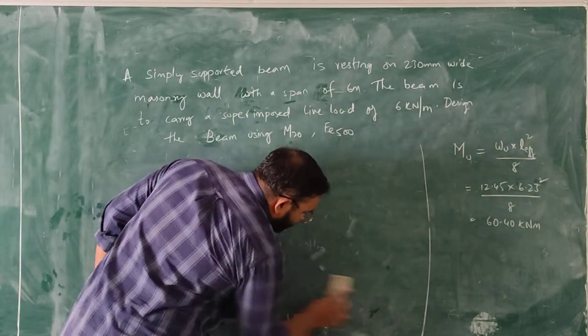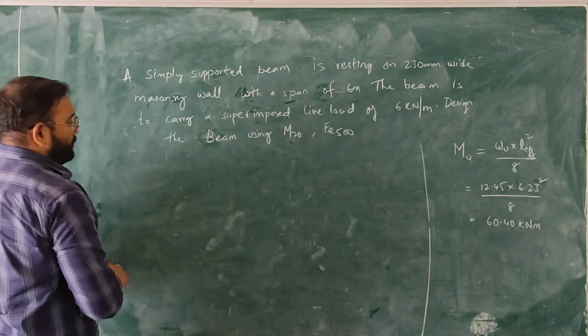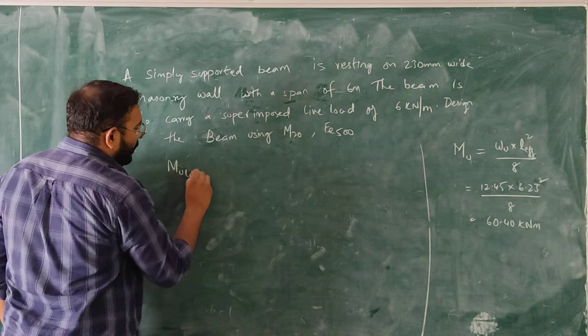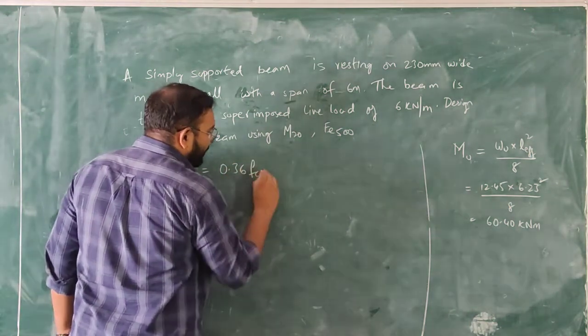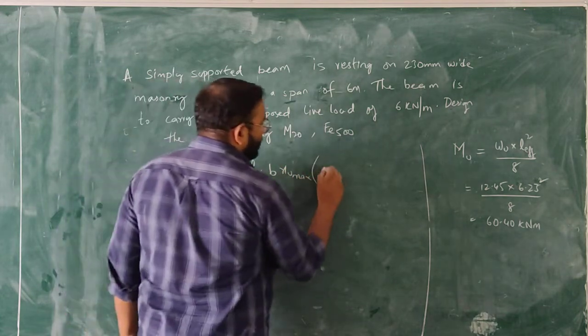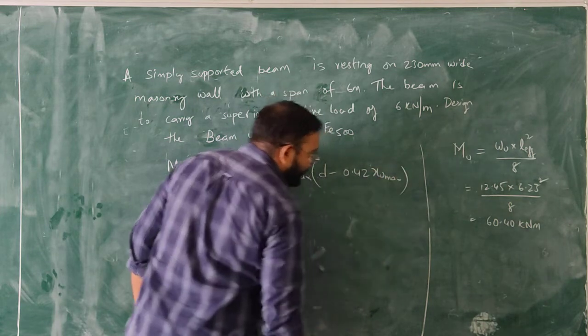What is the formula for Mu lim? Mu lim or capacity of section, it is given by 0.36 fck B Xu max (D minus 0.42 Xu max).